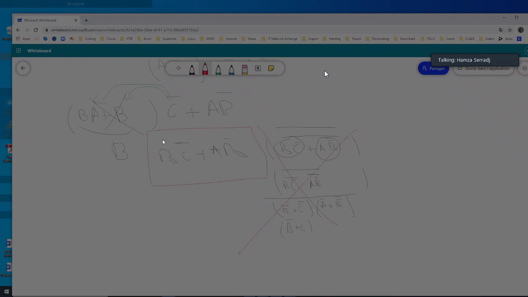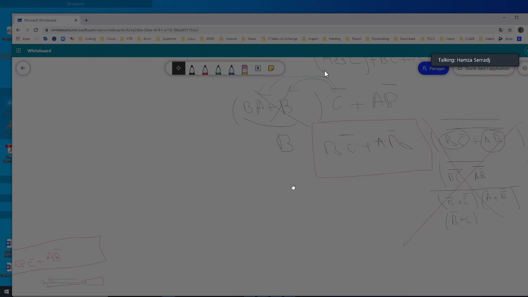Now I will design the circuit of this one. It's going to be much easier than the other one. Of course, I'm going to need A. I don't need A not. I'm going to need B and B not. So this is my B, and I'm going to need just a C not. Right. So this one will be NOT here. Okay. Now I have B C bar. So B C bar. Here we go.